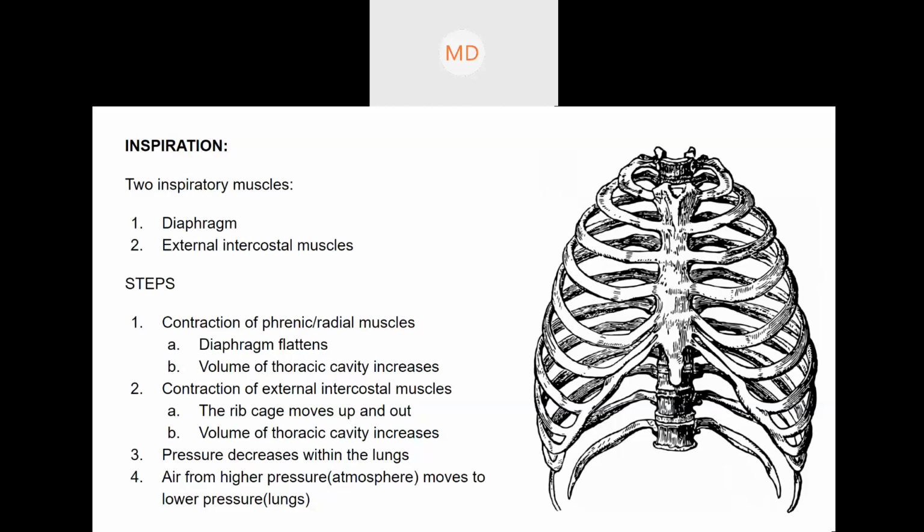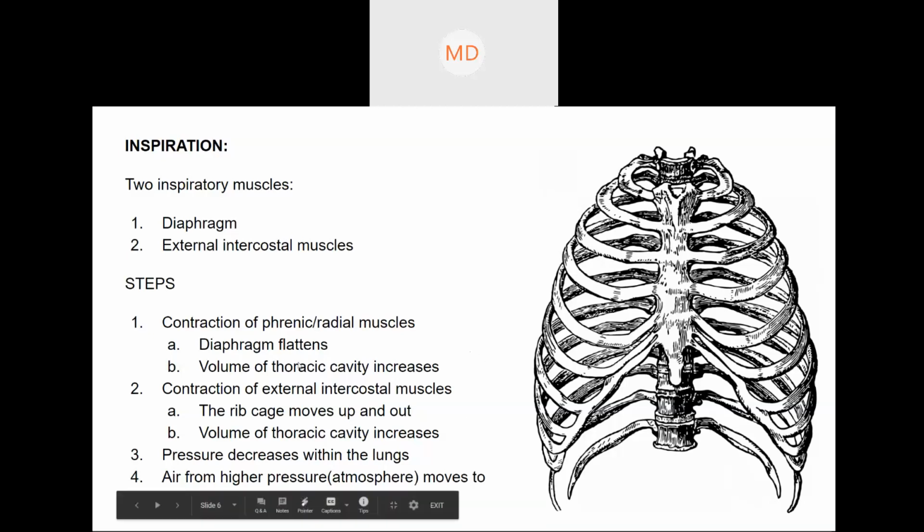So when these phrenic muscles along the border of the diaphragm contract, what happens? The diaphragm flattens. The diaphragm was dome shaped. Dome shaped means it is in the form of an inverted plate.